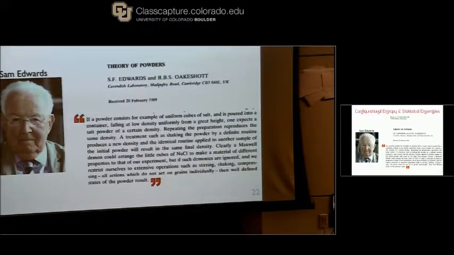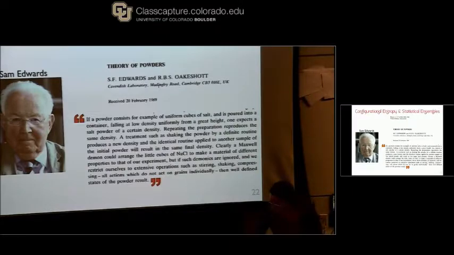Clearly, a Maxwell daemon could arrange the little salt cubes to make a material of different properties. But if you don't allow Maxwell daemons, there's some ensemble that generates, for a well-defined set of macroscopic variables, and therefore there should be some sort of statistical mechanics-like approach that is able to make progress there.